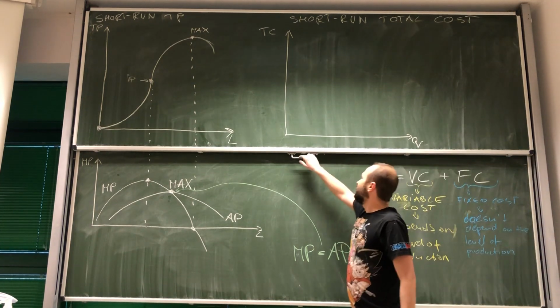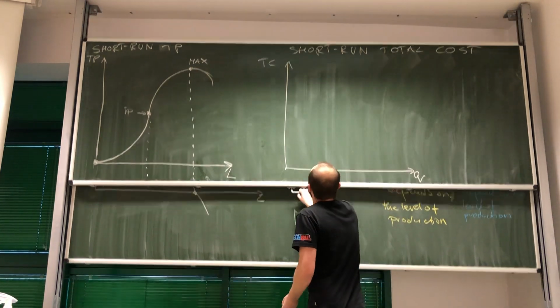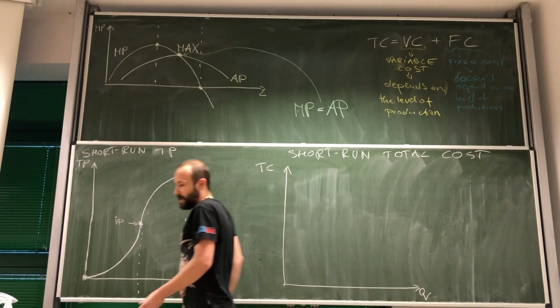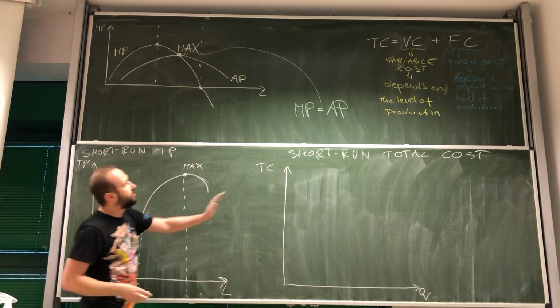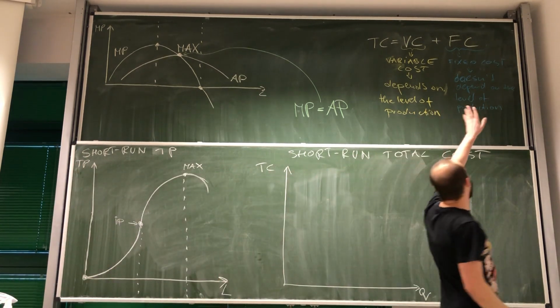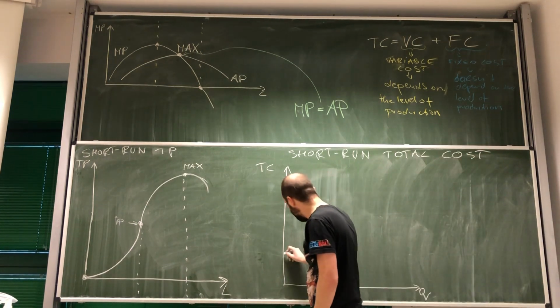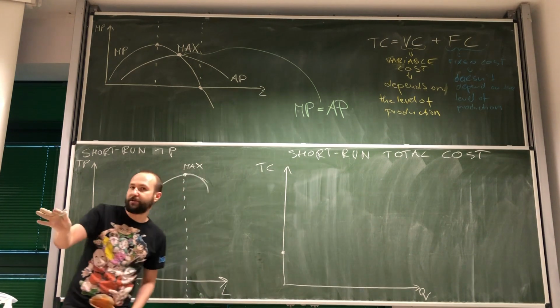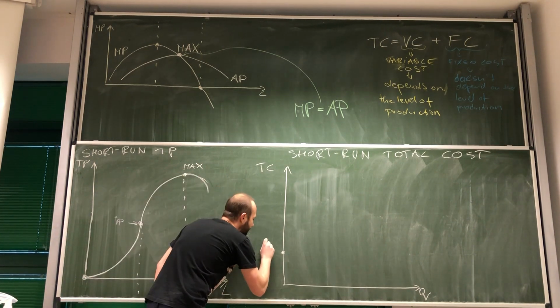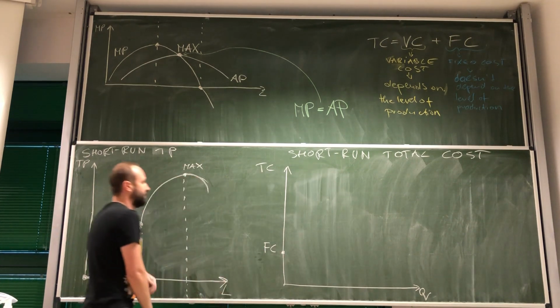Okay, so knowing this, how should I draw short-run total cost? Look, first, I should start with fixed cost, because fixed cost is something we need to pay even if we do not produce, right? So I'm going to start with fixed cost over here.